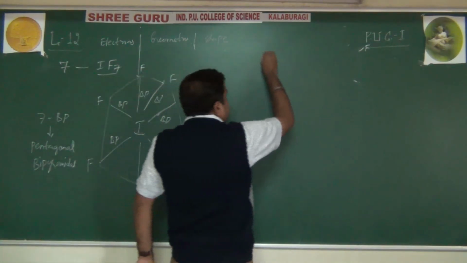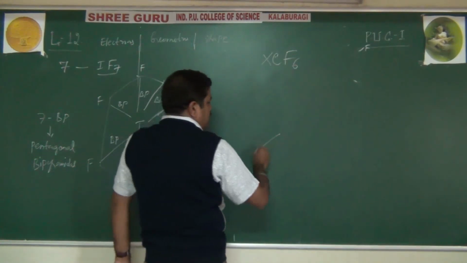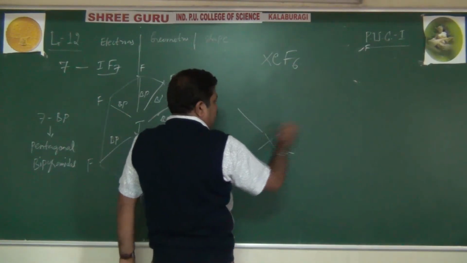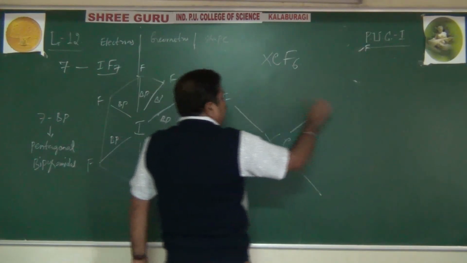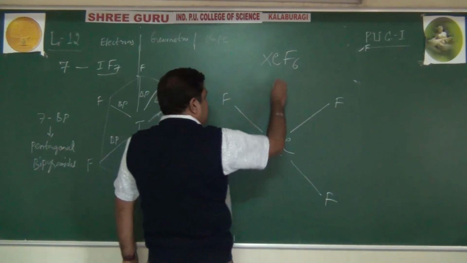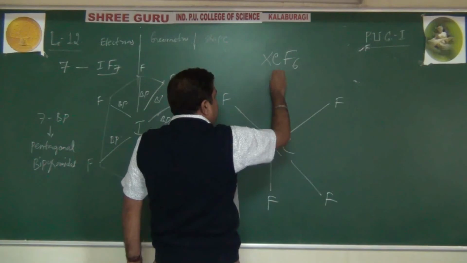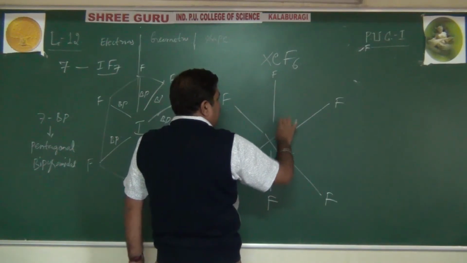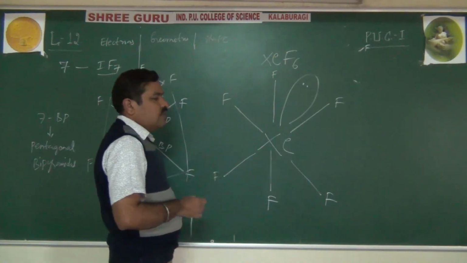Now another example, just to tell you: xenon hexafluoride. See, xenon has 8 electrons; fluorine bonds with 6, and 2 electrons remain as a lone pair.